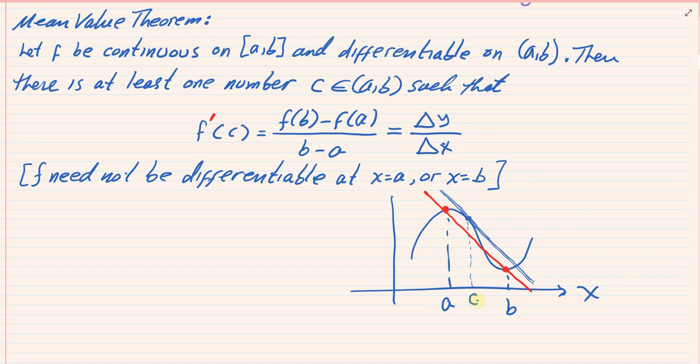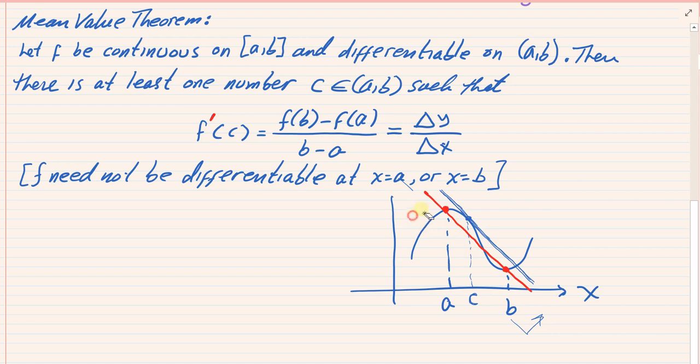Now, is that the only place? No. Here's another parallel line to the red line. Let's move in this direction, and as I get closer and closer, there you go, that's pretty close to where the tangent line should be.